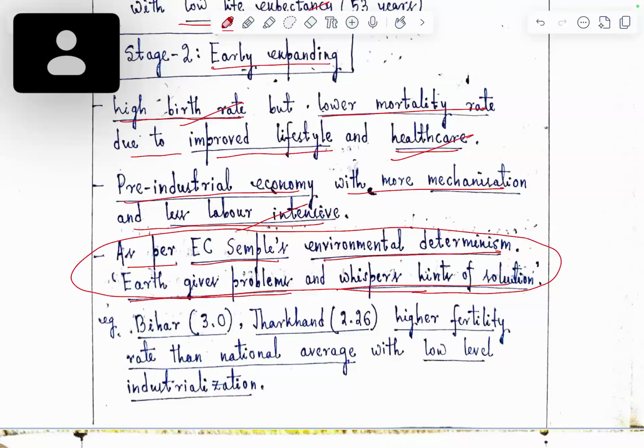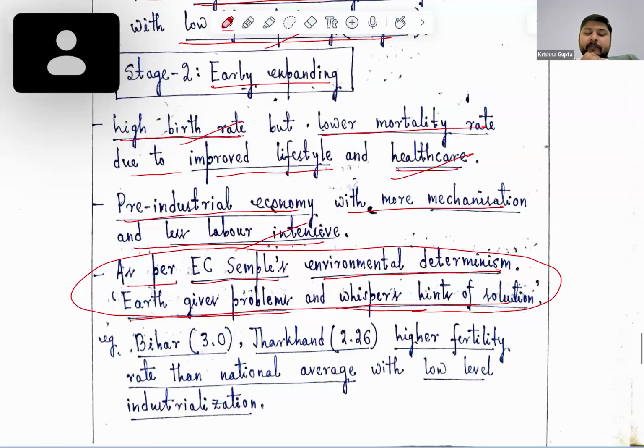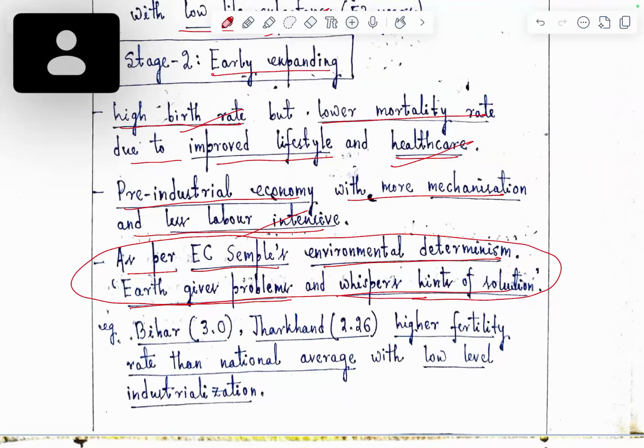You're talking about the Semple's environmental determinism description. Yeah. Because she talked about how the environment provided problems, but it also gives solutions.